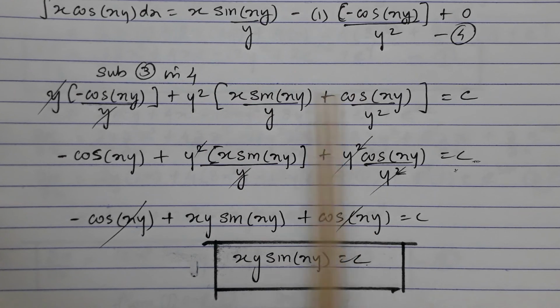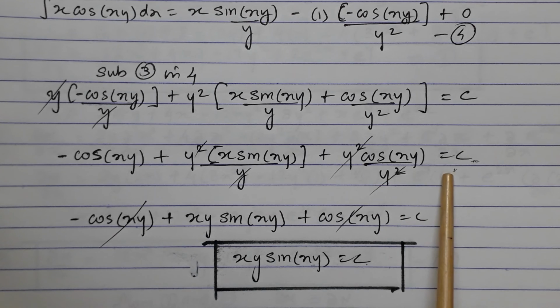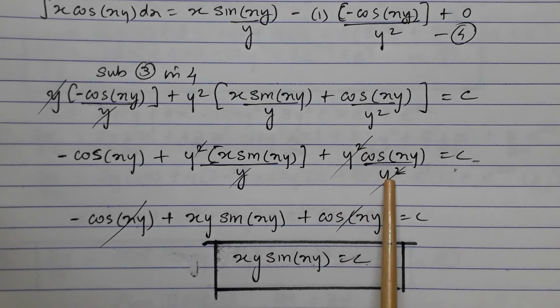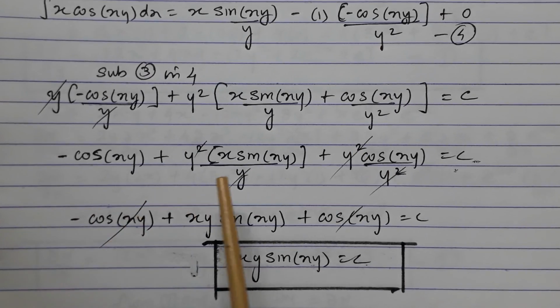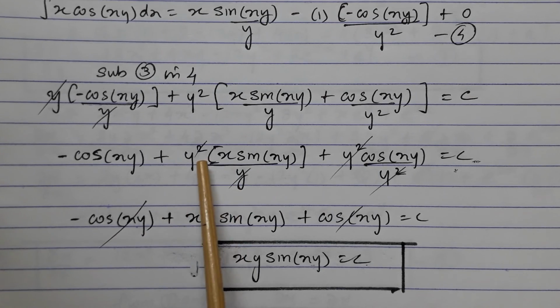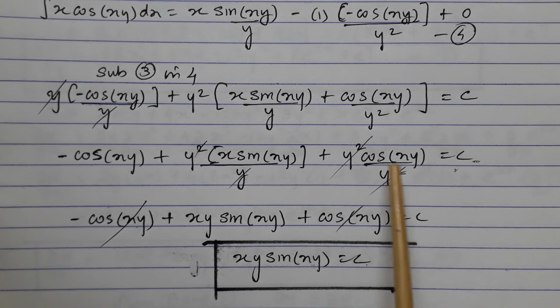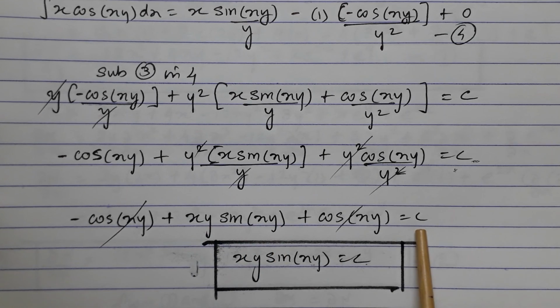So here the y would cancel out, and here the y square and y square would cancel out. So this would be minus cos xy plus y into x, that is xy sin xy plus cos xy. Now minus cos xy and plus cos xy will cancel out each other. So it will be xy sin xy is equal to c.